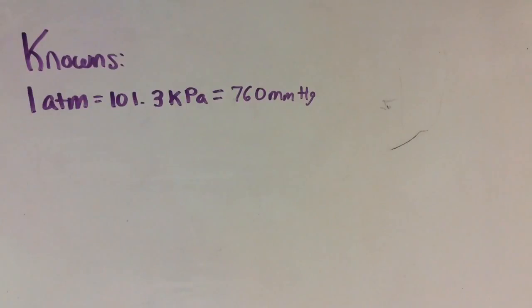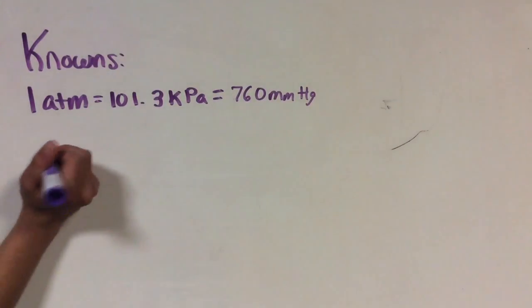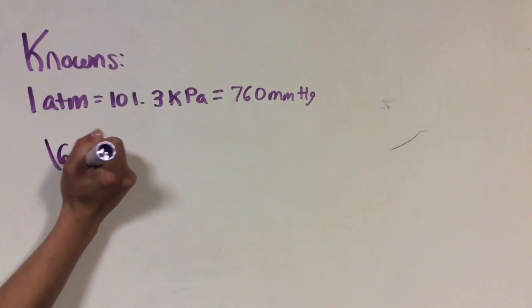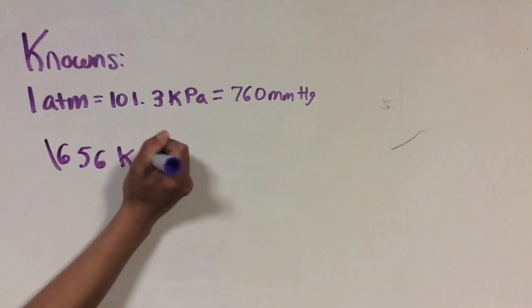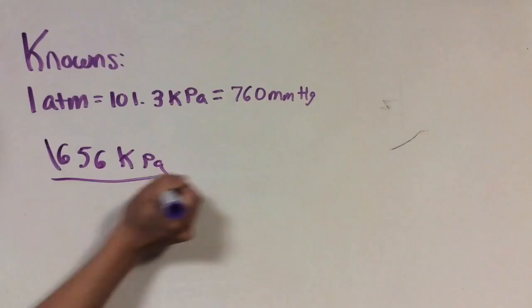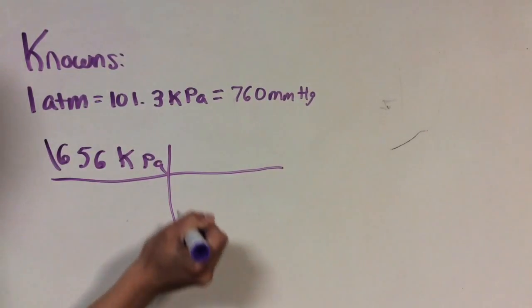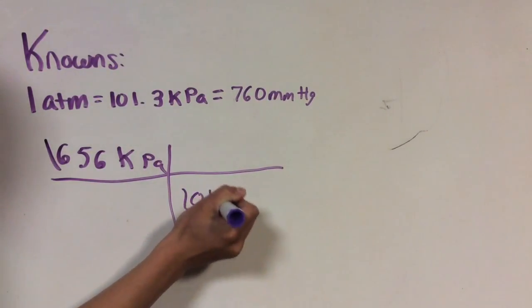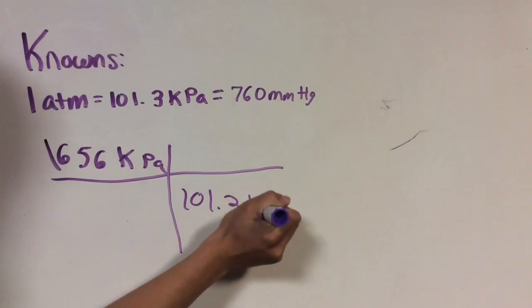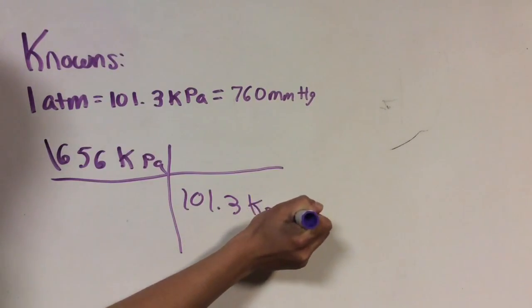For this practice problem, you're going to change 1,656 kilopascals to atm. So you know for this problem that 1 atm equals 101.3 kilopascals, which is equal to 760 millimeters of mercury. So you're going to start off with 1,656 kilopascals over 101.3 kilopascals.